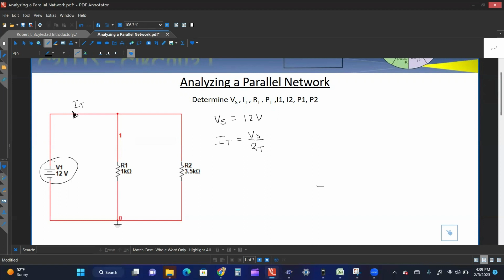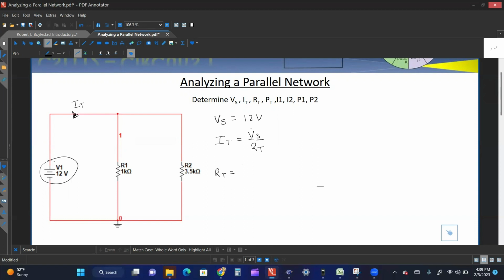All right, so we have Vs, a voltage source, but we don't know what R total is. And so for this one right here, I'm going to use a simple equation.